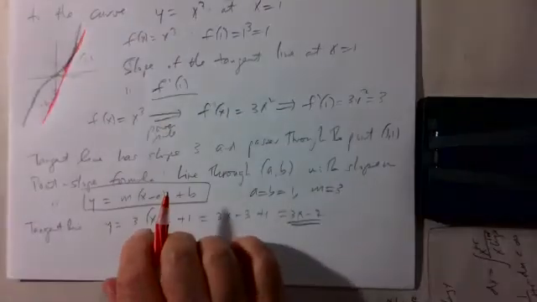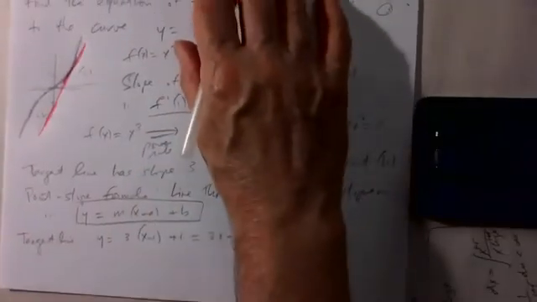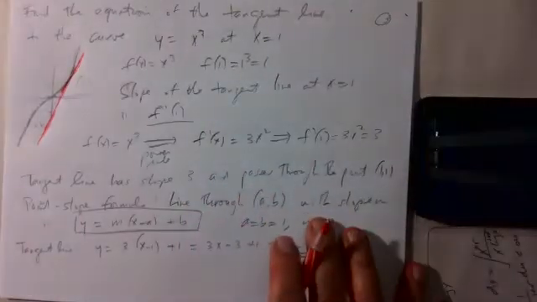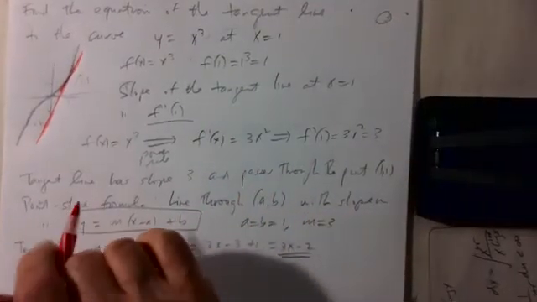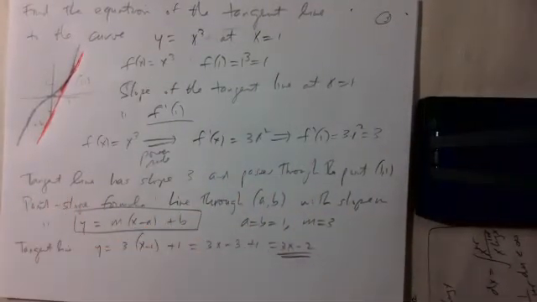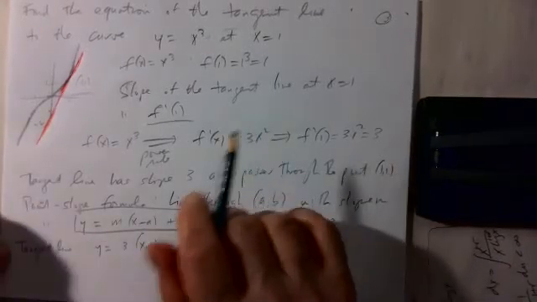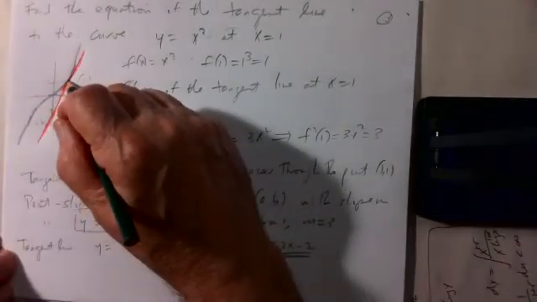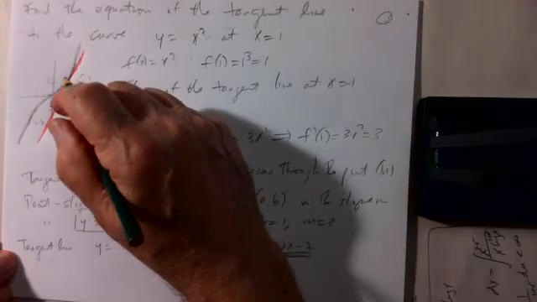Okay. So this is one of the basic problems in Calculus 1. Finding the equation of a tangent line to the curve at a point. Now, another line that's very important is the line that is perpendicular to the tangent line at this point.